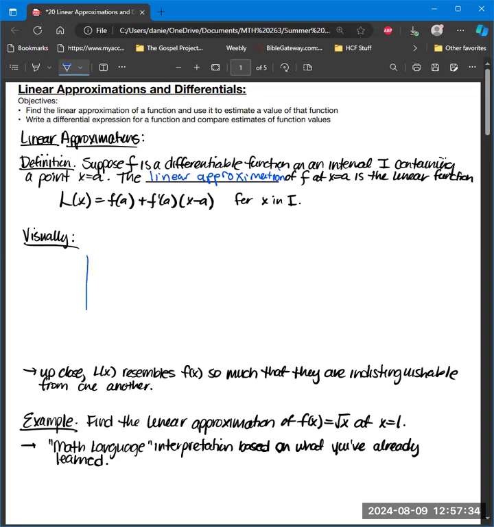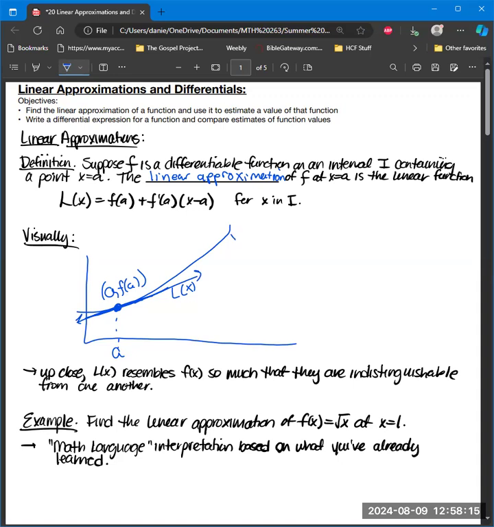Visually, let's try and see if I can draw you a graph here. We have a curve like so, and let's put a point here, a, f of a. And we have a tangent line right there, and this is going to be L of x.